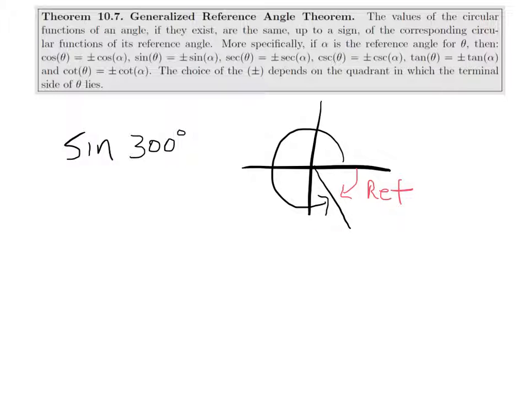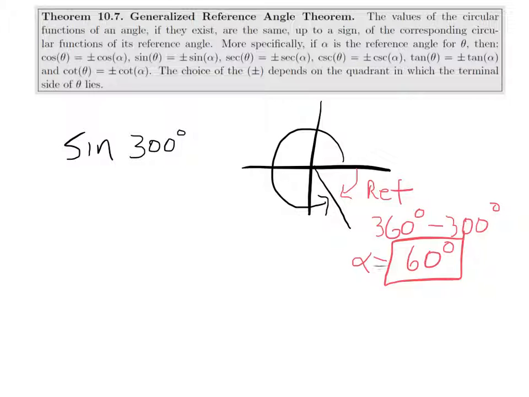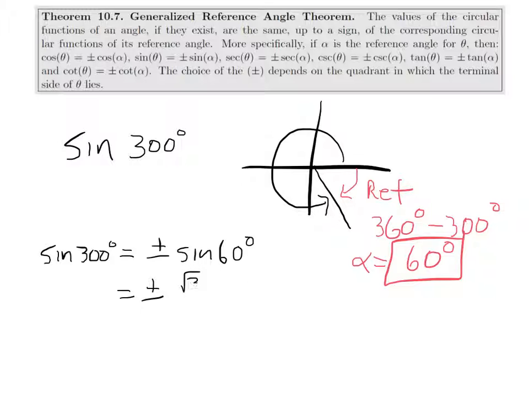And that would be 360 degrees minus 300 degrees, 60 degrees. So that's our reference angle, and they're calling this alpha. So for 300 degrees, the reference angle is 60 degrees. So this theorem states that sine of 300 degrees is going to equal plus or minus sine of 60 degrees, which is square root of 3 over 2.